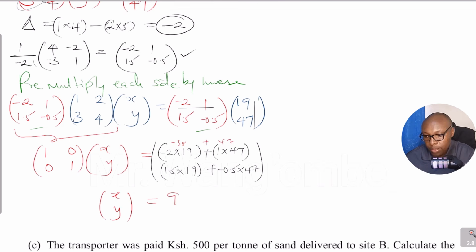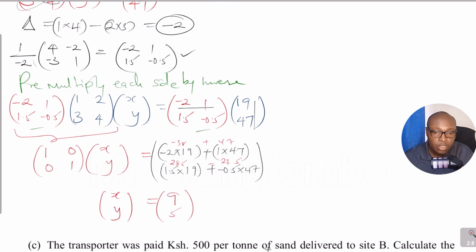And then the other one is 1.5 multiplied by 19, that will be 28.5. Then this one -23.5. So the whole of these will be 28.5, subtract 23.5, that will be 5.